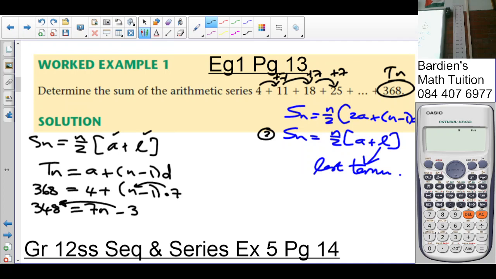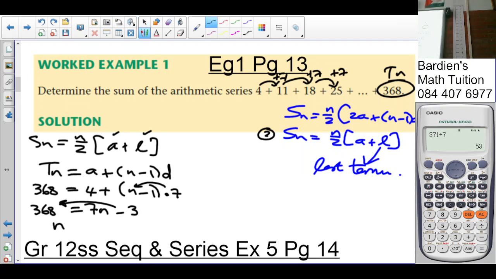Sorry about that, I wrote 348 earlier. It will be 371. Is that correct? Okay, now it should be divisible by 7. It's going to be 53.